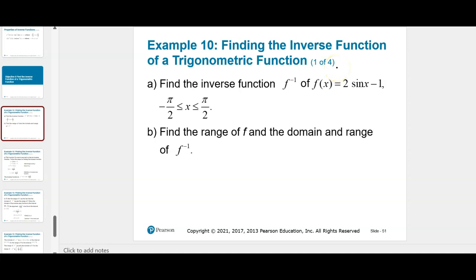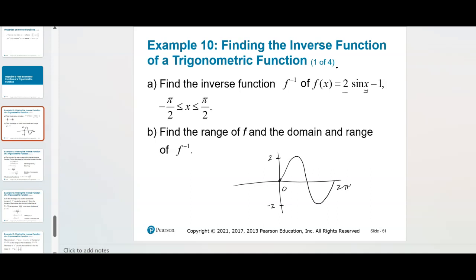So this is 2 sine x minus 1. So that's the typical sine function. That's 0. That's 2 pi. All right, nothing's happening to x, so we're not shifting left or right. We're not changing or altering the period. It's just instead of this going up to 1 and negative 1, it would now be going up to 2 and negative 2.